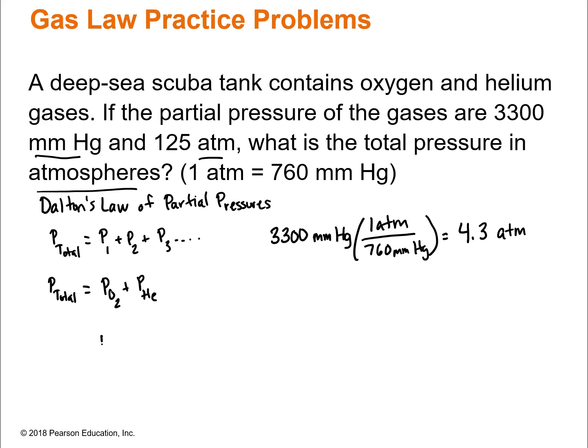Now we can add these two together. We're going to go with, we've got two significant figures in the 3,300 millimeters of mercury and 3 sig figs in the atmospheres for the helium.